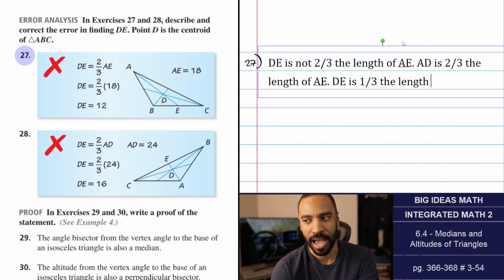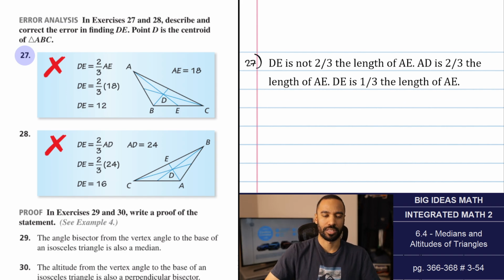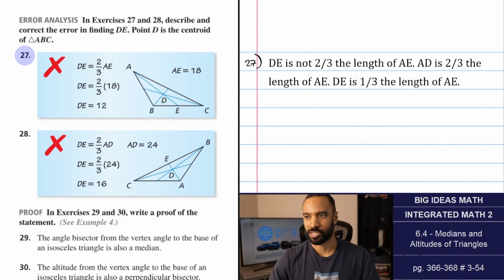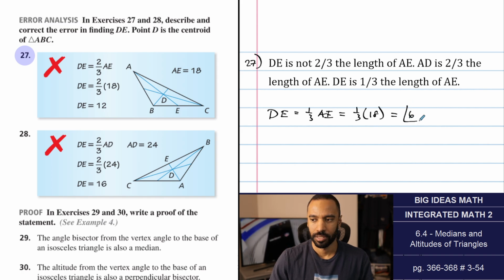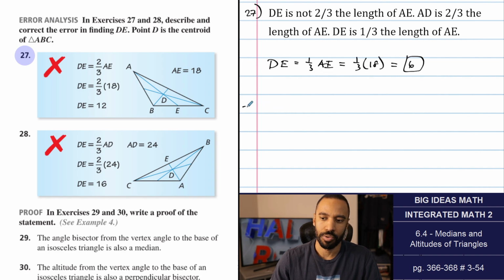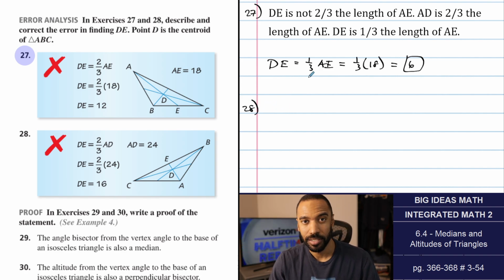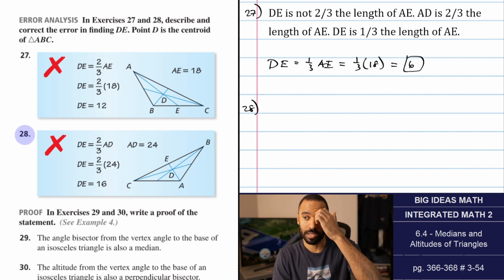They never expressed that out loud, but they probably should have. DE is 1/3 the length. So that's what we'll use. 1/3 of 18 is 6. So correcting that, we get 6. Okay. And yeah, so just having the knowledge that the 2/3 is from the vertex to the centroid, not from the side midpoint to the centroid.